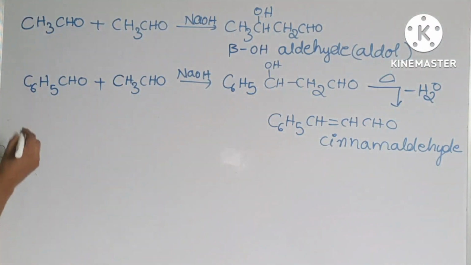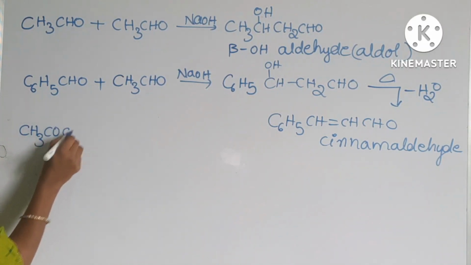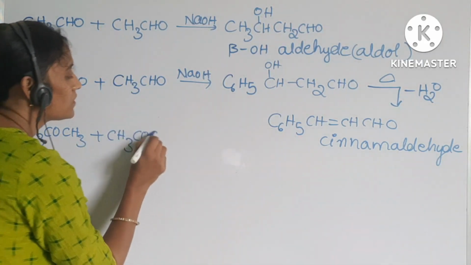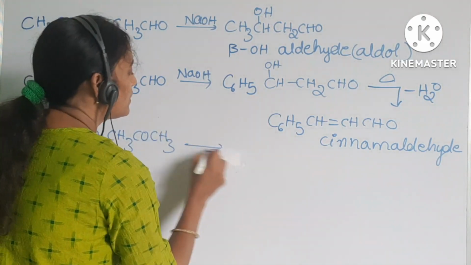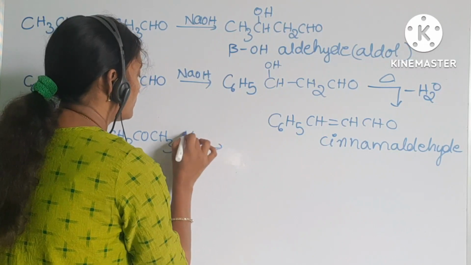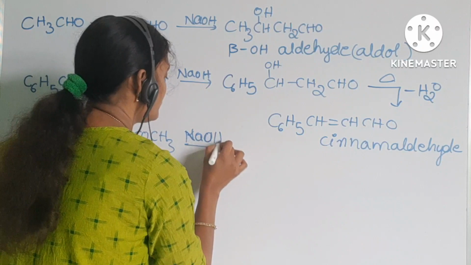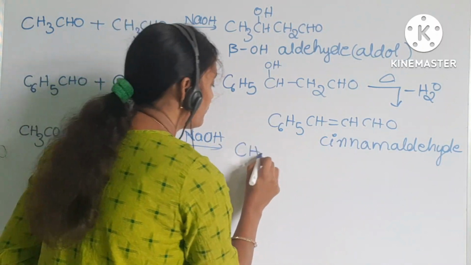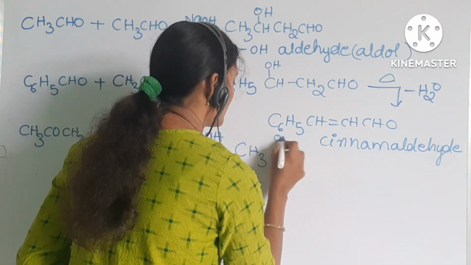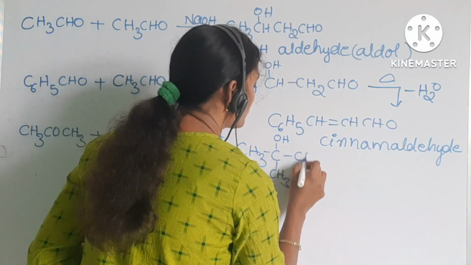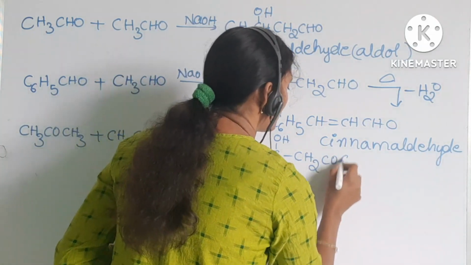You can take condensation of ketones. Acetone you can take, CH3CO CH3 plus CH3CO CH3. Here, this one also, in presence of a mild base, it will form beta hydroxy ketone.